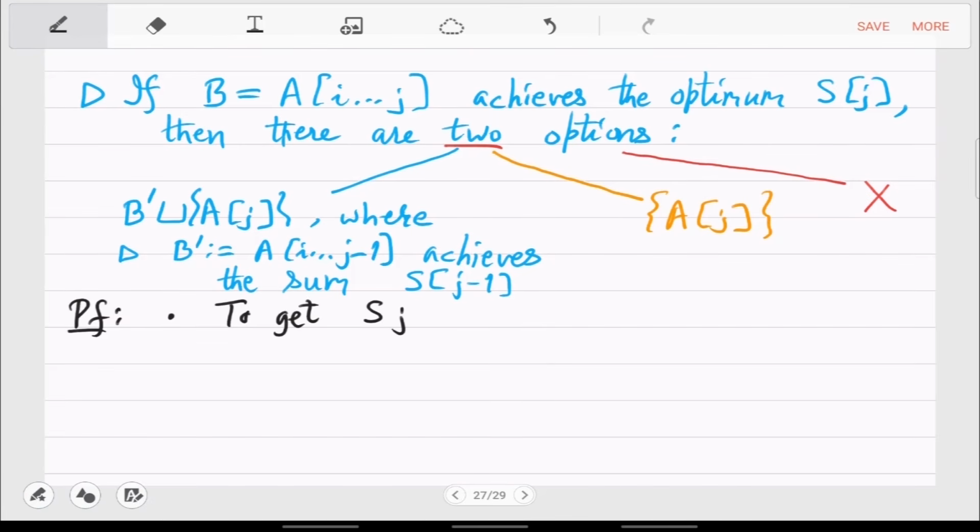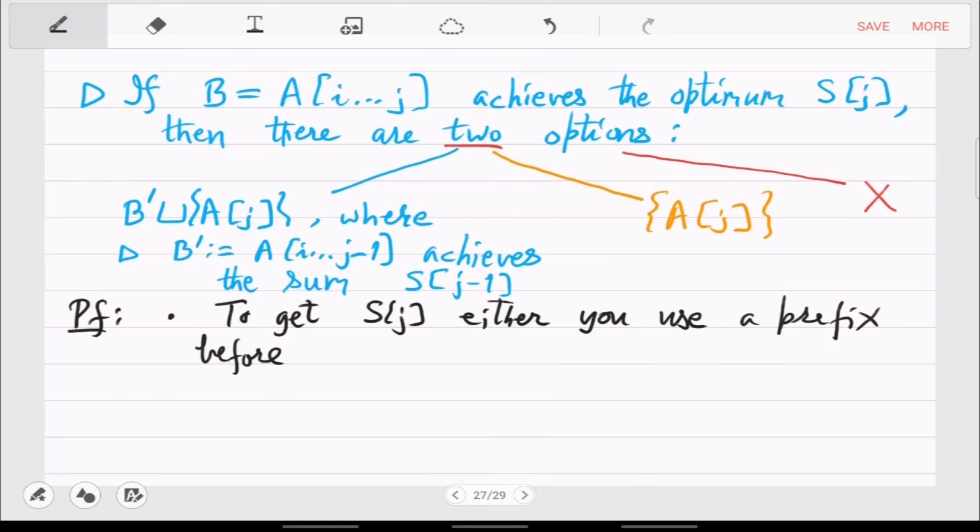So to get Sj, either you use a prefix before Aj, or you don't.